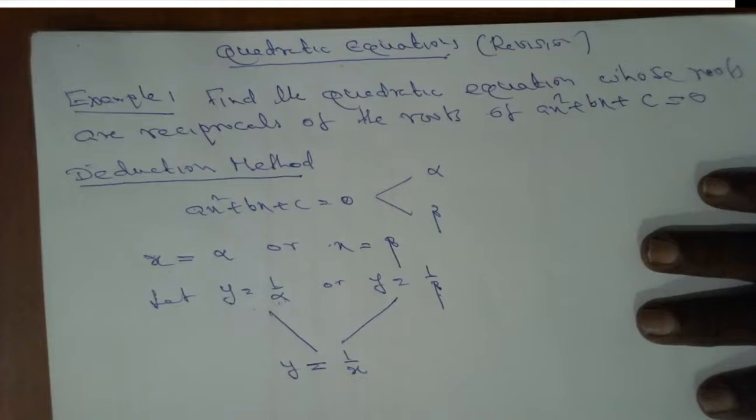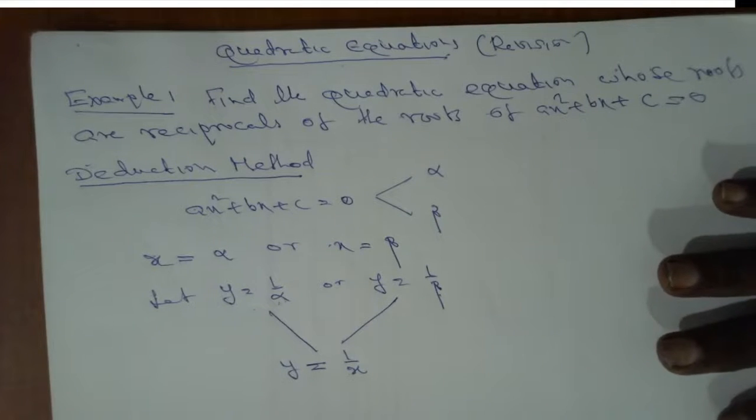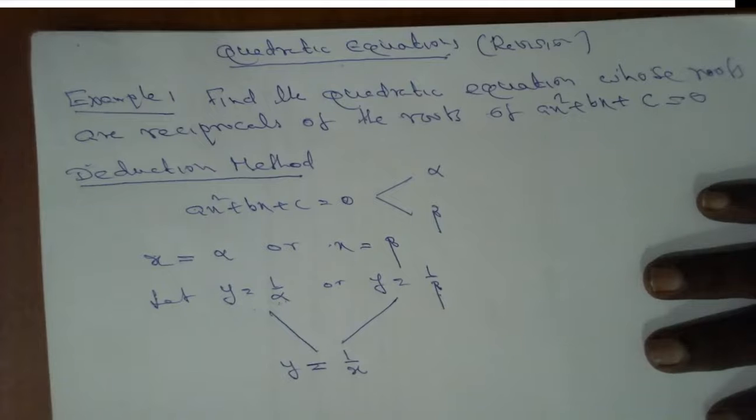So you have to find the relationship between two variables. You take the quadratic equation whose roots are reciprocals of alpha and beta; that dummy variable is y.